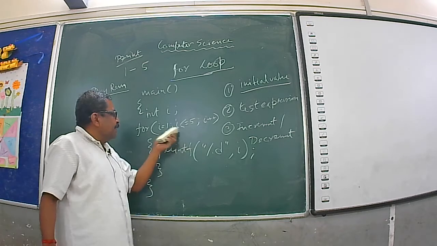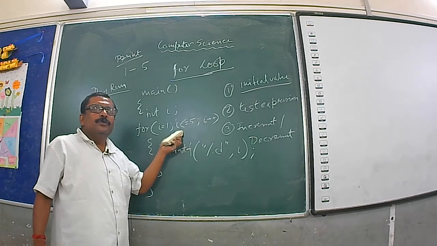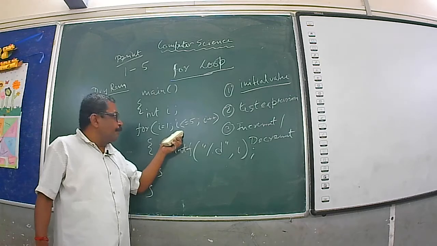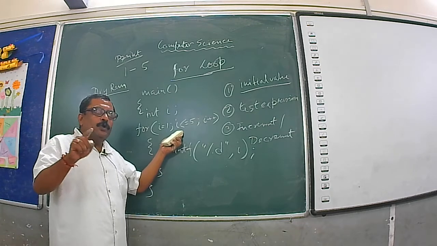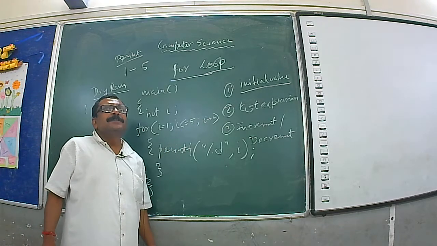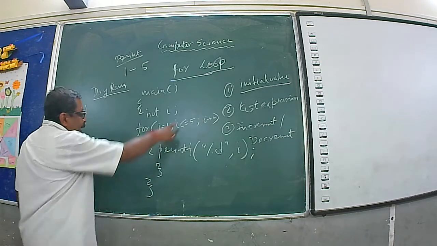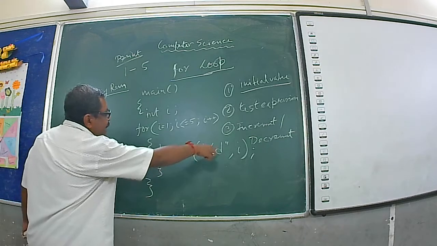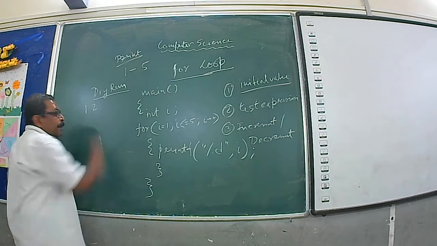Next, check 1 less than or equal to 5, true. i plus plus, 1 plus plus means 2. Next, printf percentage d i, 2 will be printed.